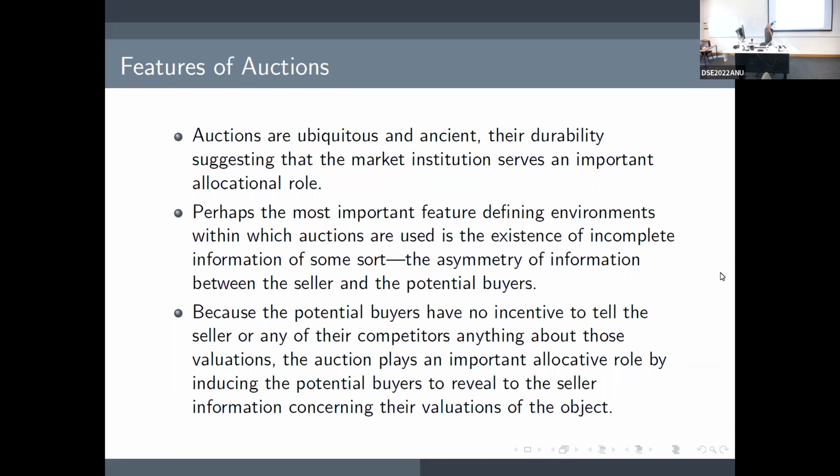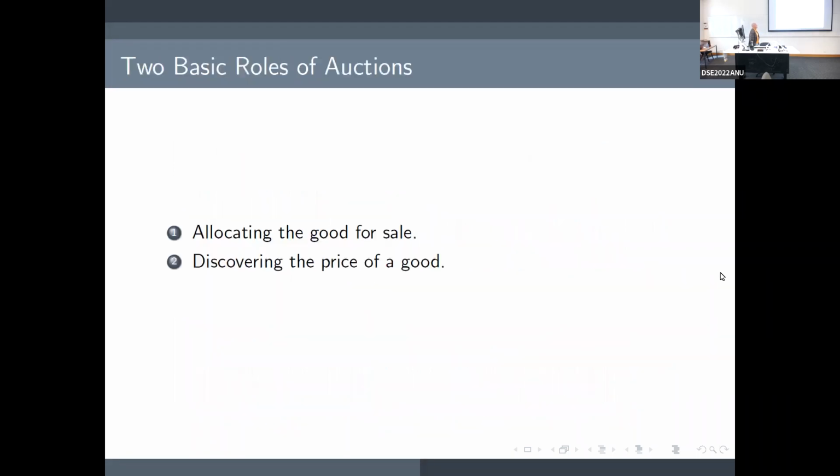As I mentioned, the buyers have no incentive to tell the seller or any of their competitors anything about their valuations. And the auction plays an important allocative role by inducing the potential buyers to reveal that private information. There are two basic roles for an auction. One is allocating the good for sale efficiently, and if that's your object, you typically want to use something like a private value paradigm.